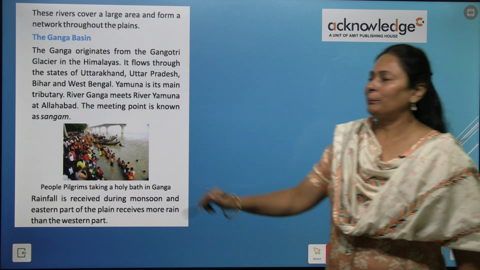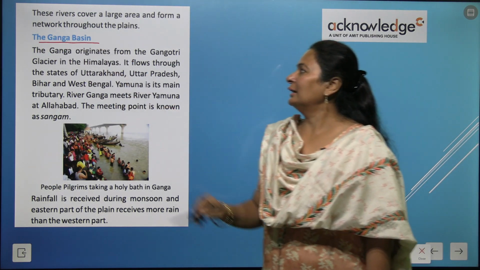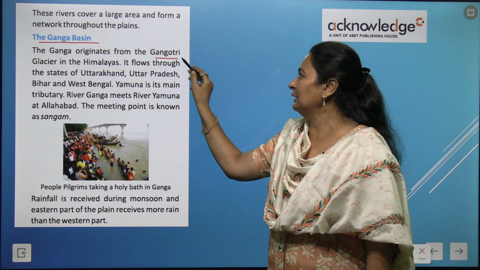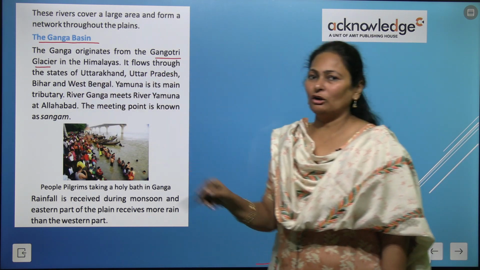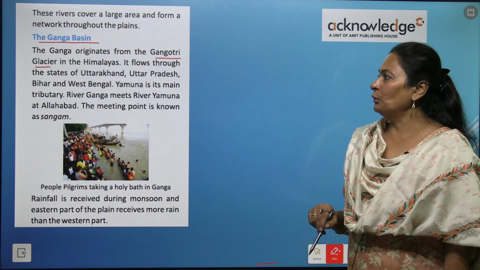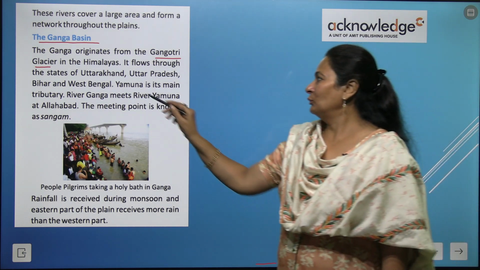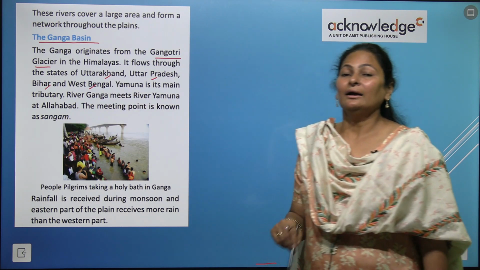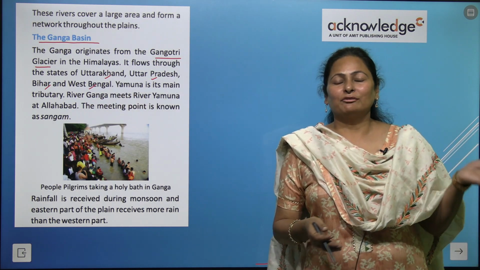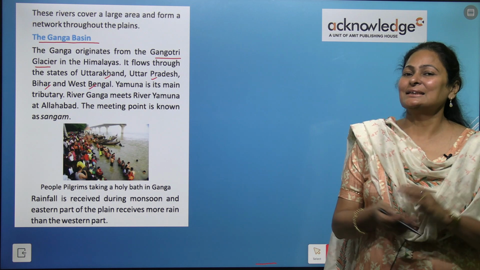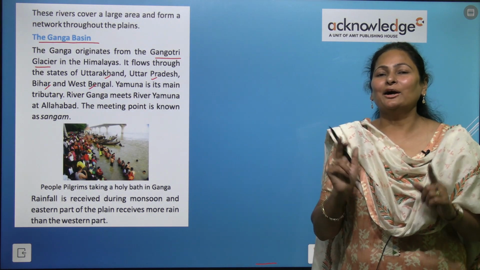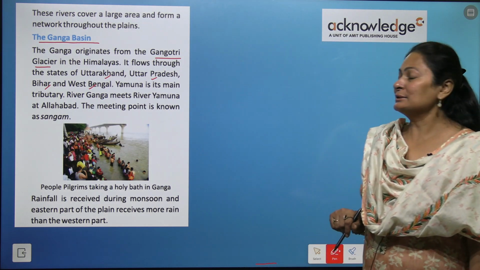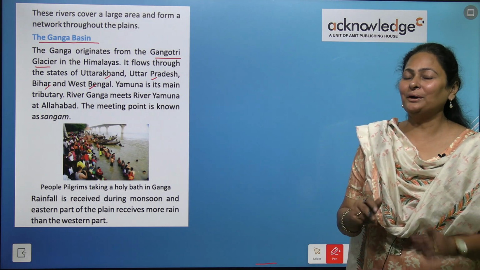First we will learn about the Ganga basin. The Ganga originates from the Gangotri glacier, which is part of the Himalayas. It flows through the states of Uttarakhand, Uttar Pradesh, Bihar and West Bengal, and finally it merges into the Bay of Bengal. Yamuna is its main tributary.